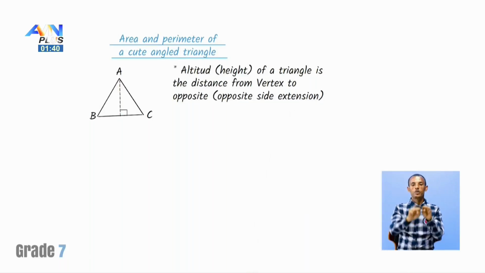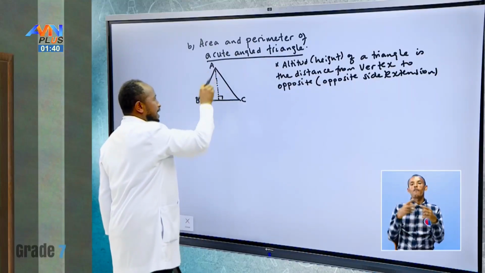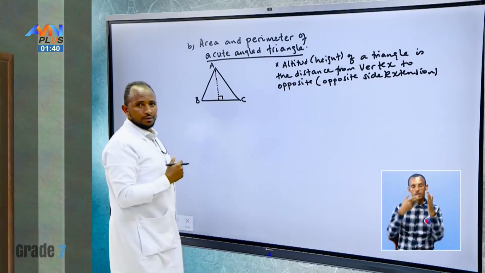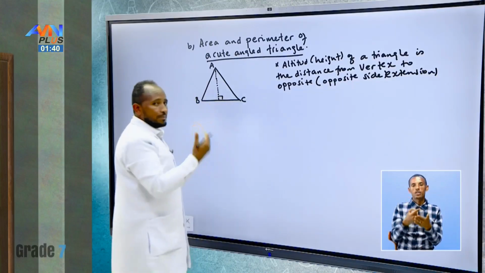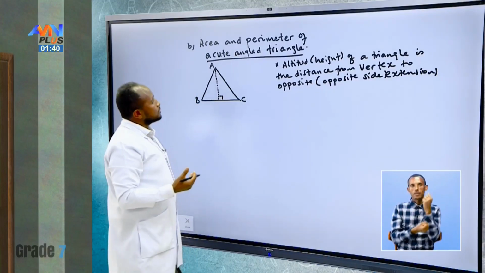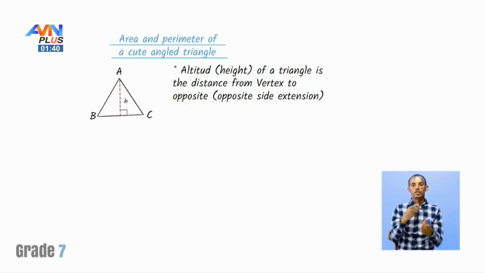So the perpendicular distance from the vertex to the opposite side, we call it the height or altitude of that triangle. And this one is called the base in that case. So the opposite side length will be the base. So how do we calculate the area of this triangle?